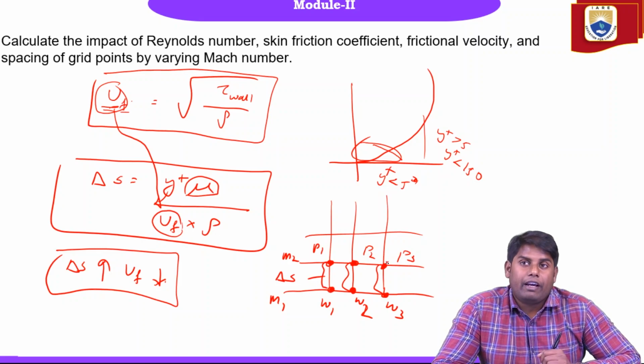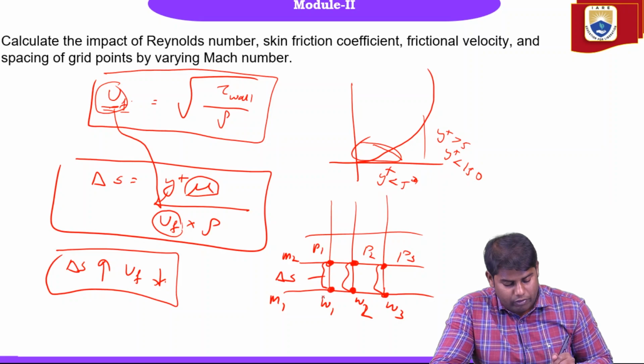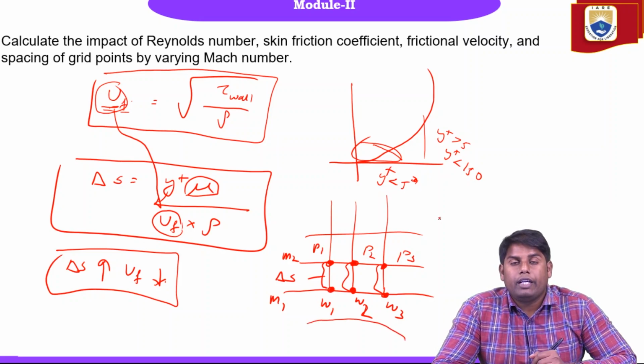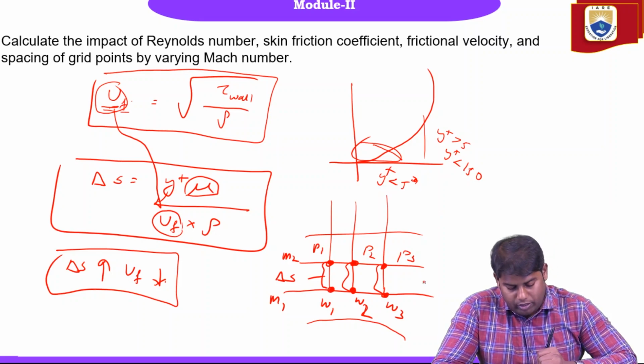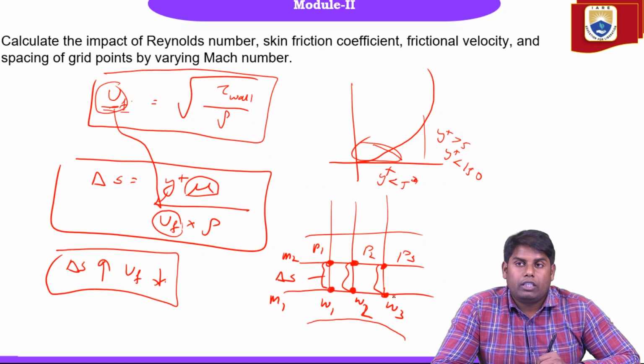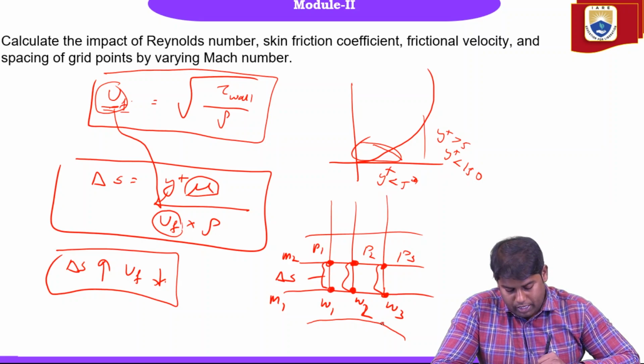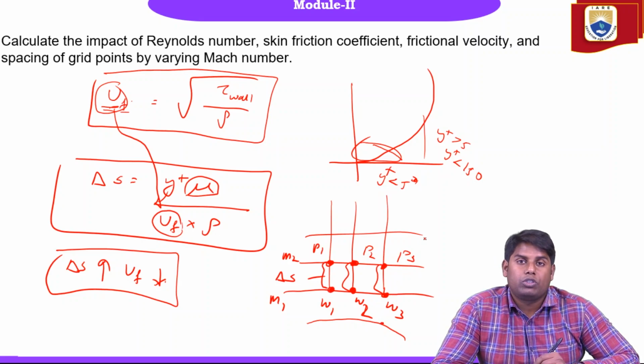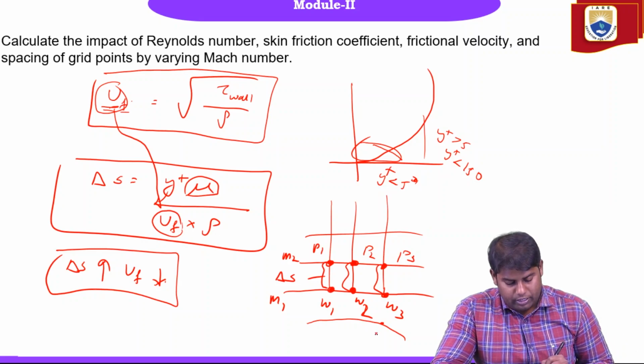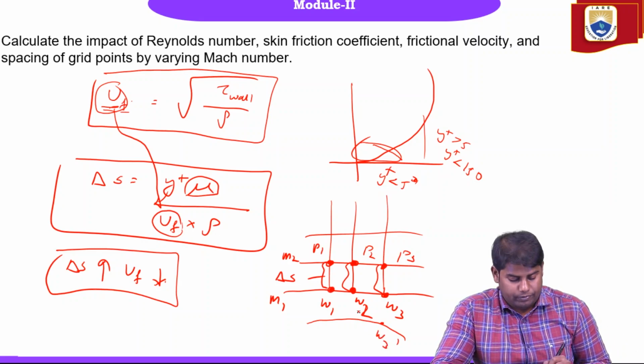But when you have curvature, what happens? Let's say you have a curving nature, something like this. Because of some concavity, or let's say convexity, the spacing between those two changes. Here it is W3 dash, W2 dash, and W1 dash.